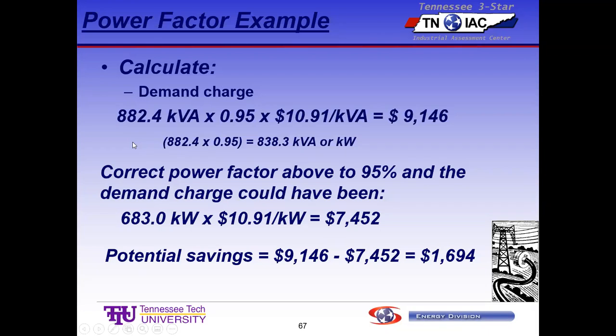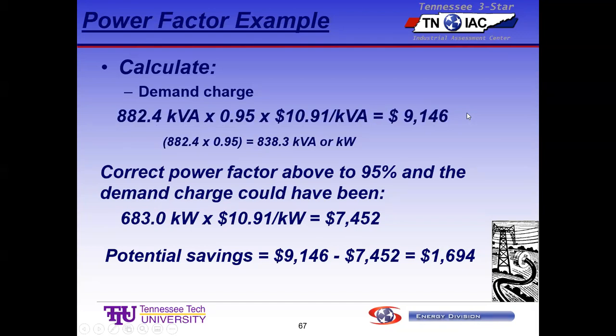So in other words, the 882.4 times the 0.95 is 883.3, times the rate is $9,146.